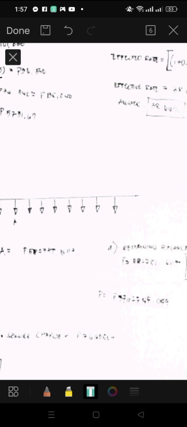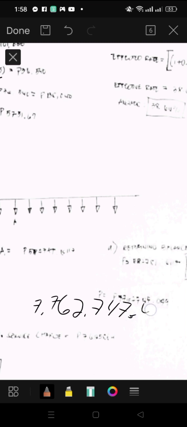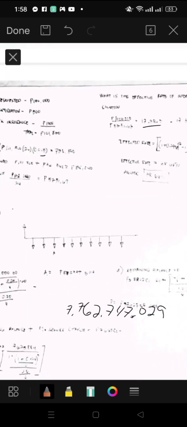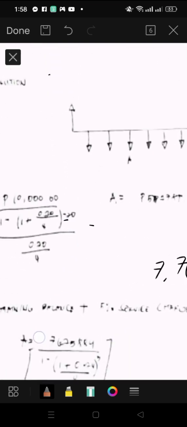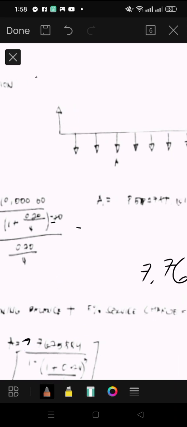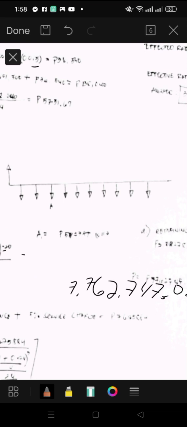So that is the remaining balance, that is the balance due on the original mortgage principal, if all payments have been made through the fifth year. So that is 7,762,747.029.